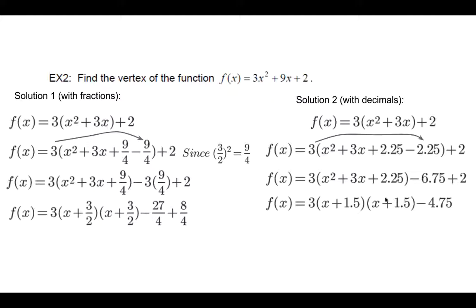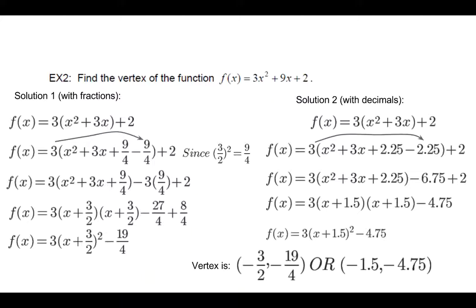It saves you a little bit of work doing the decimals because you don't have to worry about the common denominator. And then just put it in vertex form. So plus 3 over 2 squared, or plus 1.5 squared, and then you're going left 3 over 2 and down 19 over 4, or left 1.5 and down 4.75.